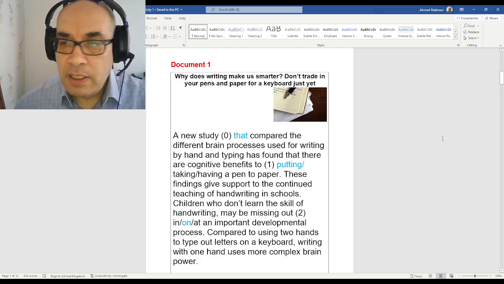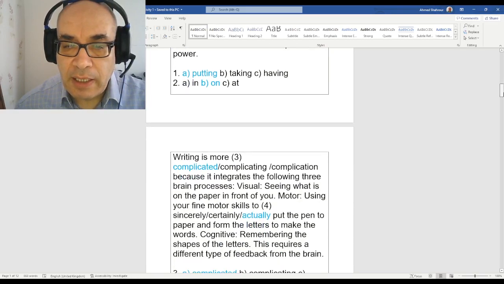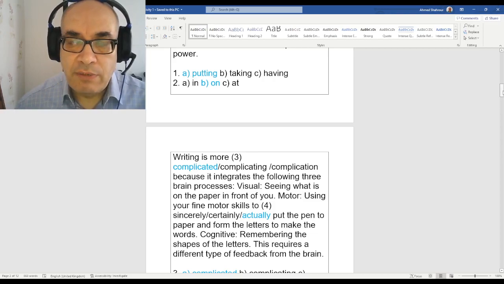So this is document 1, and this is again document 1. You can take a picture or you can write the information down.